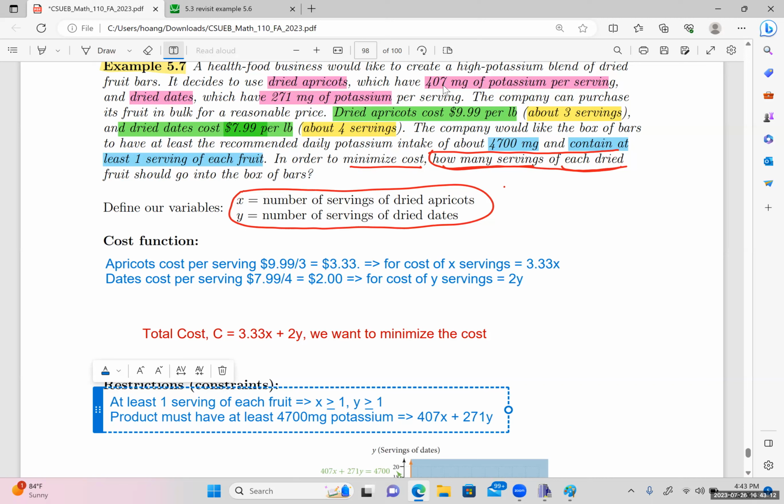So 271y, and I'm going to use less than or equal to 4,700.